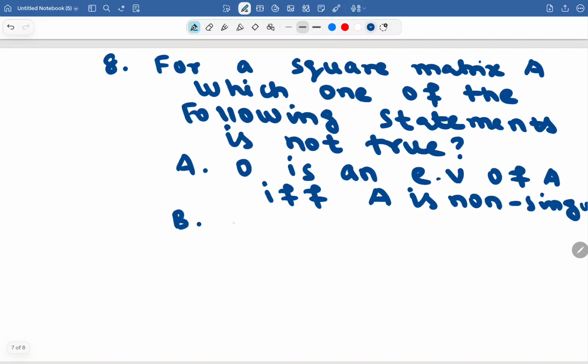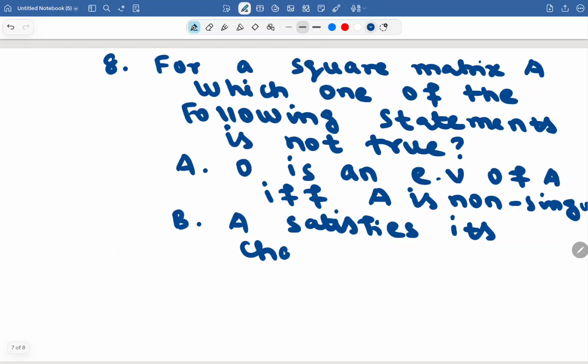Option B, A satisfies its characteristic equation.